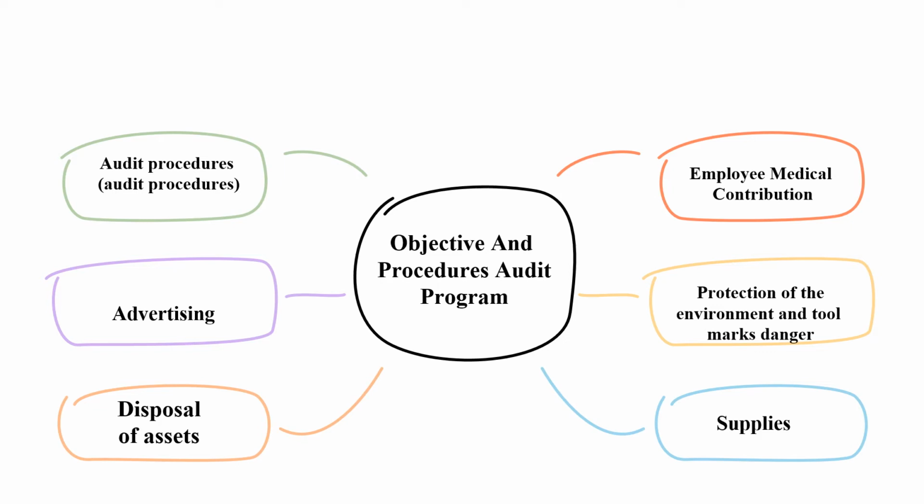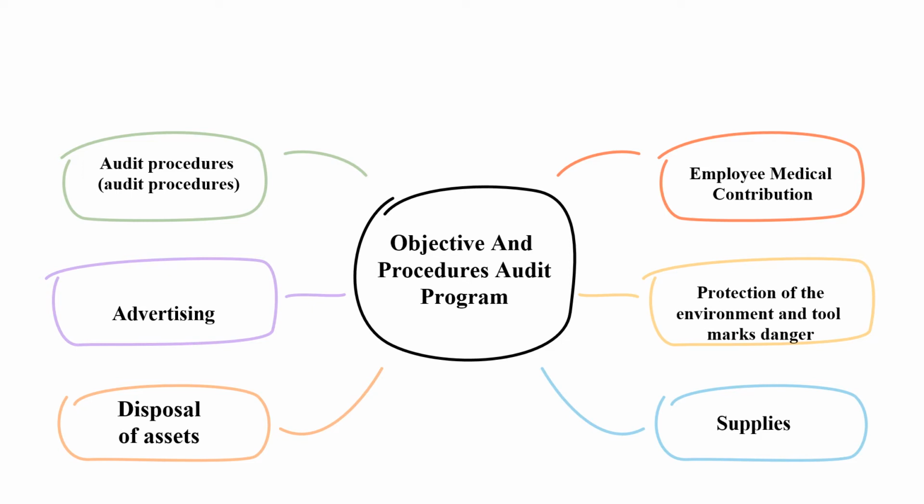In an audit of control over asset disposal, the auditor is generally not able to determine on his own whether the disposal of the asset was carried out properly. 10. Employee medical contribution. One of the objectives of the audit could be to determine the validity of the employee salary deduction for the contribution of the health insurance option.